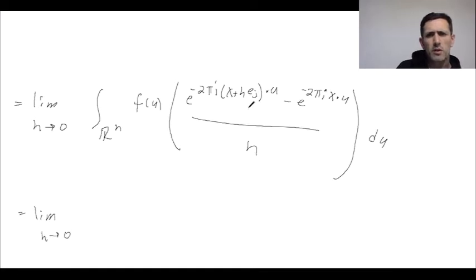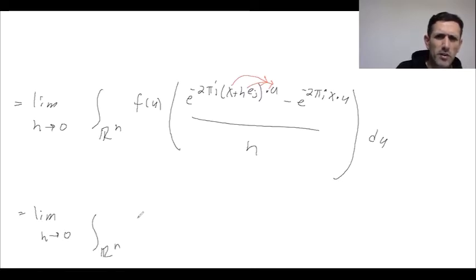All right, so we distribute the x and the h ej. h ej dot u just gives you h times the jth component of u, which I'll call uj. So this is going to be the following.